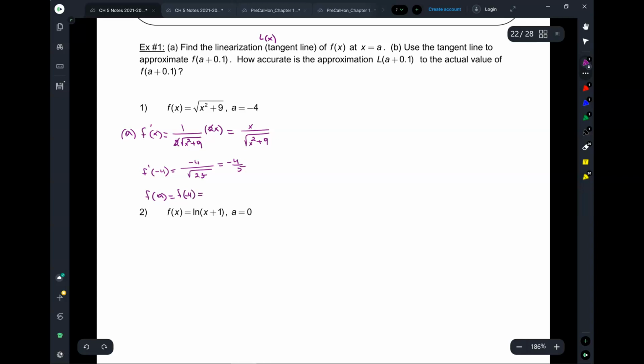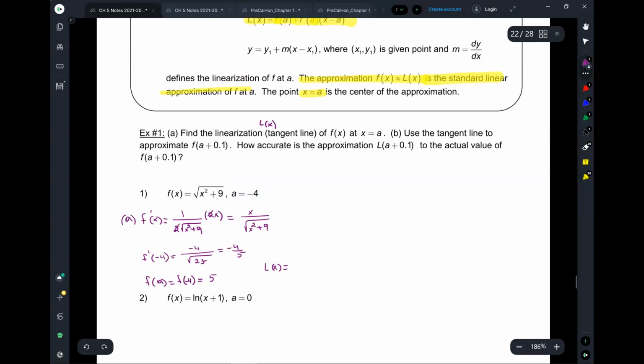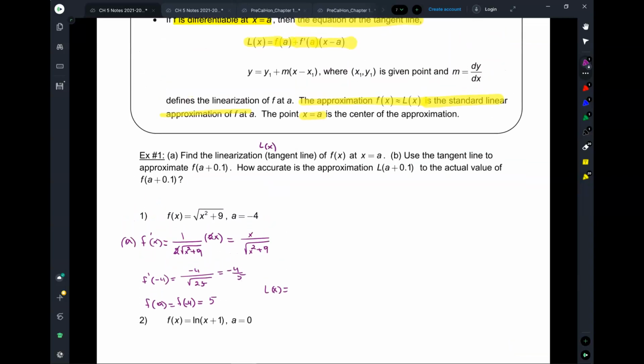So that's the square root of 25, which is just 5. So L of x is, look, it's f of a, which we said was 5, plus the slope, which is -4 over 5, times x minus a, x plus 4.